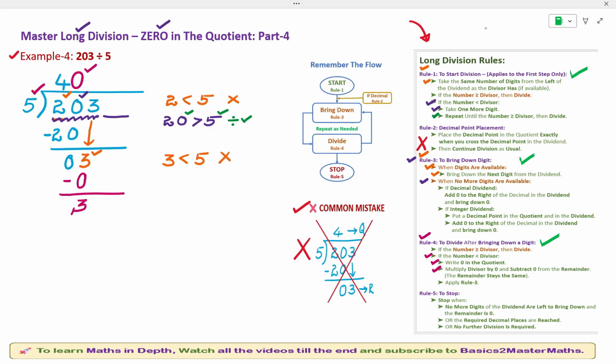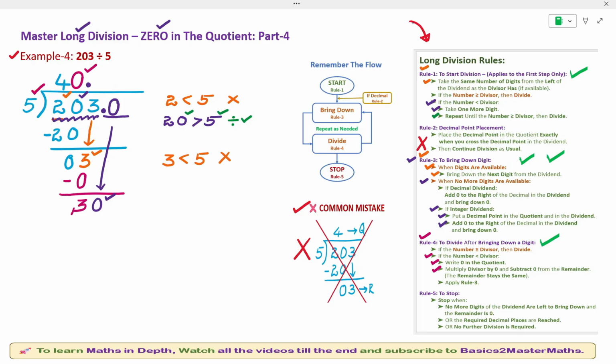When no more digits are available, if integer dividend, put a decimal point in the quotient and in the dividend. Then add 0 to the right of the decimal in the dividend and bring down 0. Now rule 3 is complete the second time.